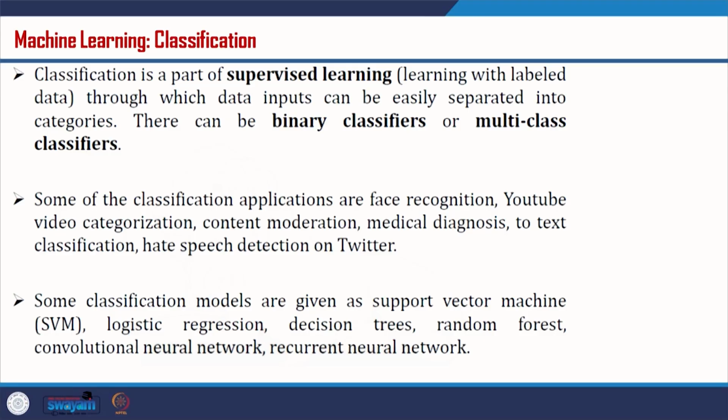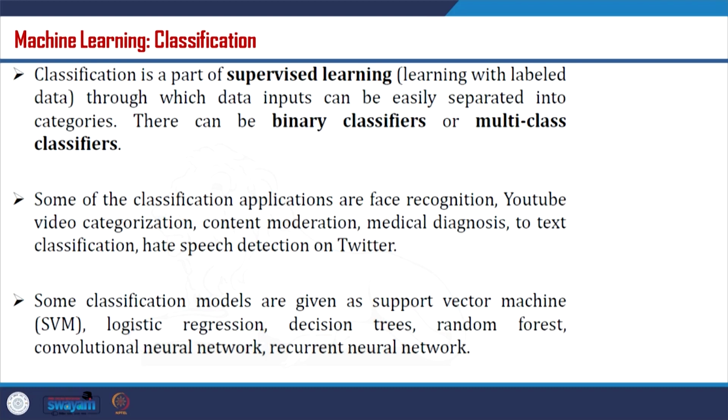First, let me explain classification again. Classification is a part of supervised learning. As you know, there are two things in supervised learning: one is classification and the second is regression. Here we are talking about classification.